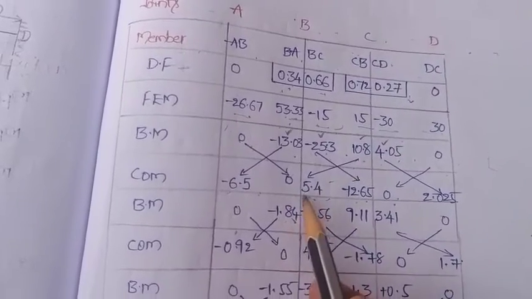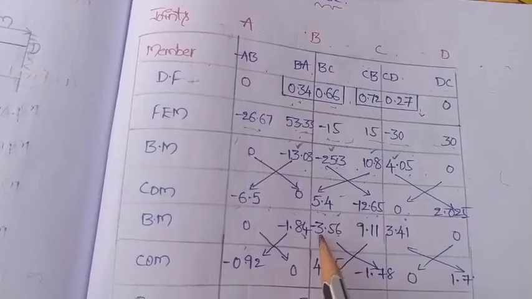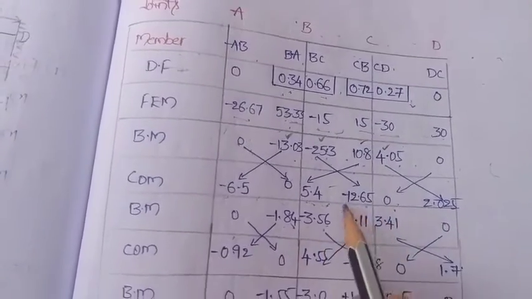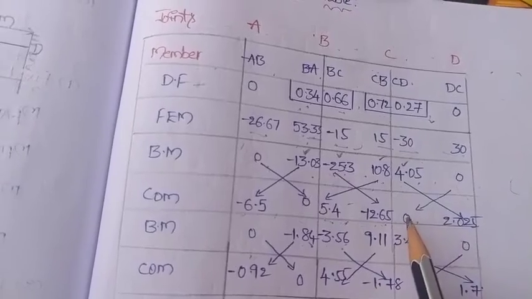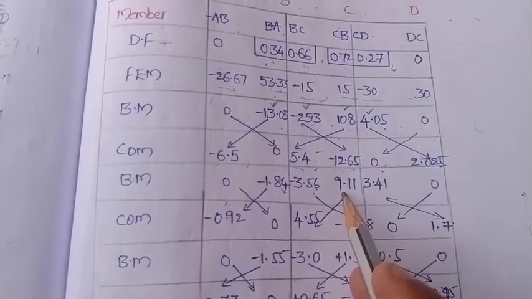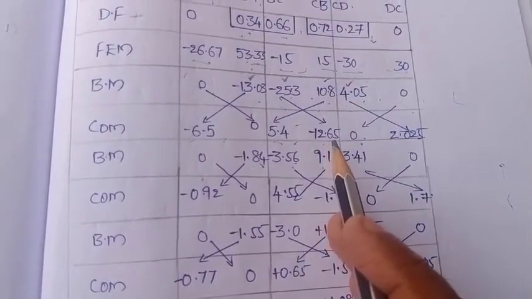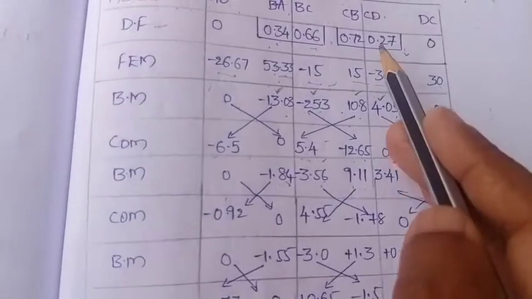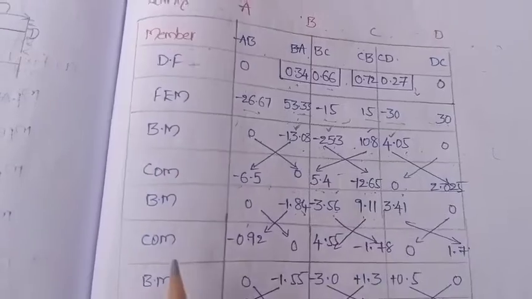Next, 0 plus 5.4 into 0.66, so minus 3.56. Next, minus 12.65 plus 0 into 0.72, plus 9.11. Next, minus 12.65 plus 0 into 0.27, 3.41. Next, here 0.